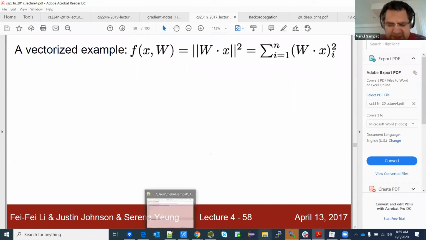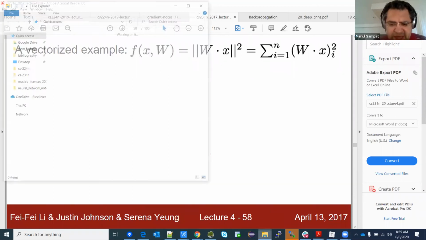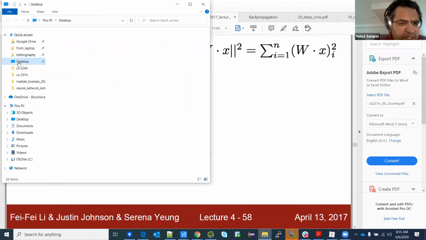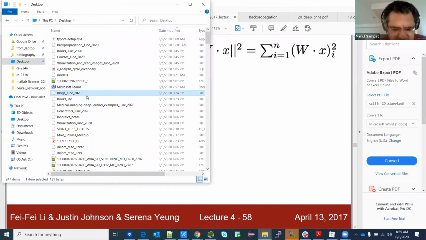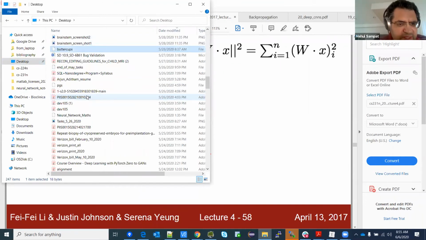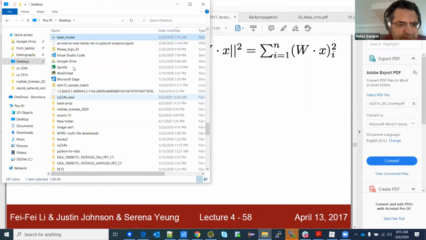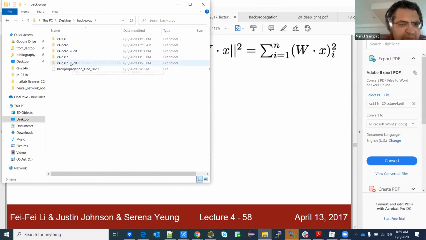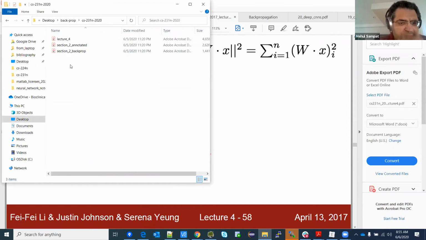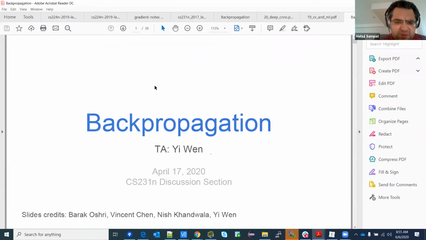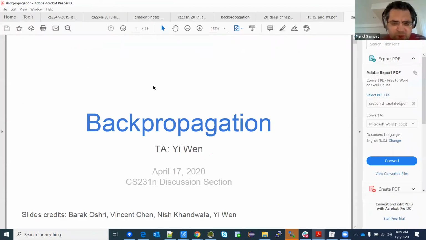I think this is just hard, right? They had a whole TA session of almost 40 slides only on backpropagation, just maybe 3 months ago.